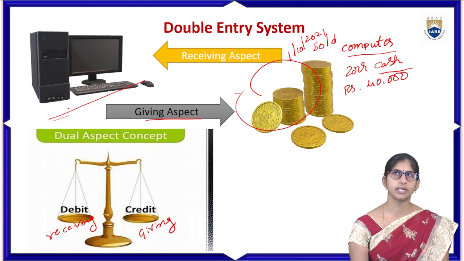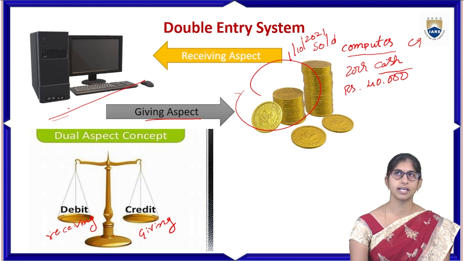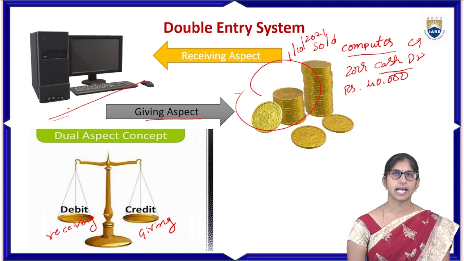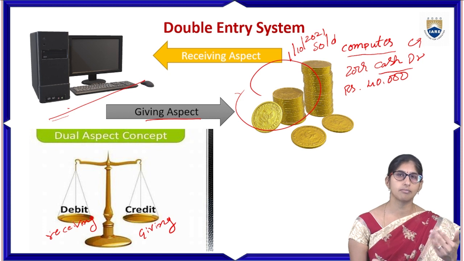Computer is going, we are selling the computer, that is the giving aspect, so we have to credit. And cash we are receiving, so this is a receiving aspect, means debit. So likewise, we have to identify the important items: what we are selling, what we are getting, what we are purchasing, what we are giving.